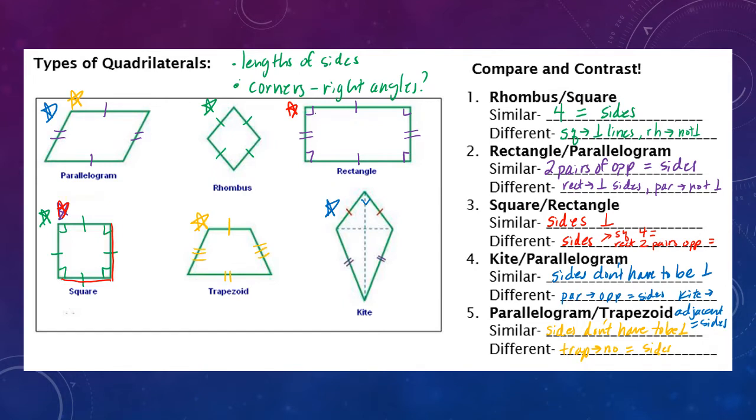That would be an isosceles trapezoid, but that's one case where it works. So I'm going to say no equal sides, and I'll put a little asterisk next to that because it's possible that you might have two that are equal. But in a parallelogram, you always have two pairs of opposite equal sides.